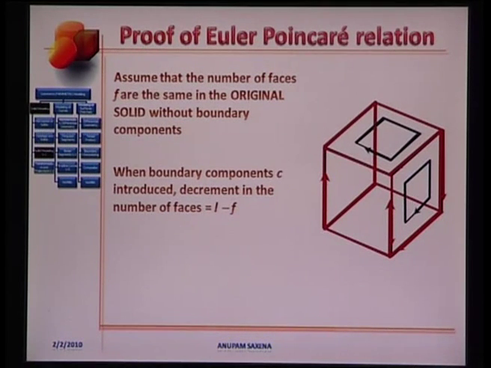Whenever a boundary component C is introduced, or whenever a number of boundaries C are introduced, there is a corresponding decrease in the number of faces. In a sense, the decrement in the number of faces will be equal to the number of loops minus the number of original faces. And this difference, L minus F, will be the same as C.